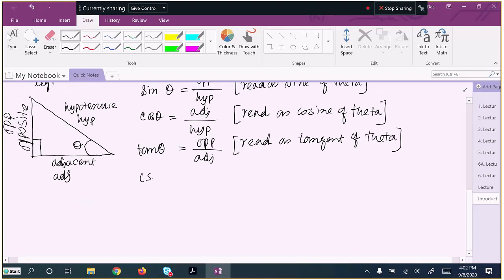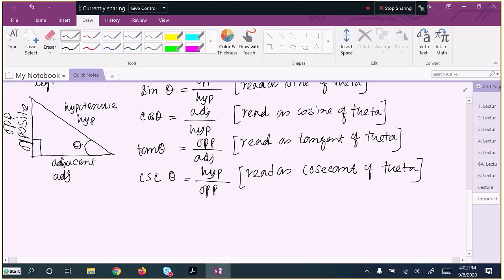Cosecant of theta will be written as CSC theta, and this is the ratio of the hypotenuse over the opposite side, and we read it as cosecant of theta. Secant of theta is written as SEC theta, which is hypotenuse over adjacent.